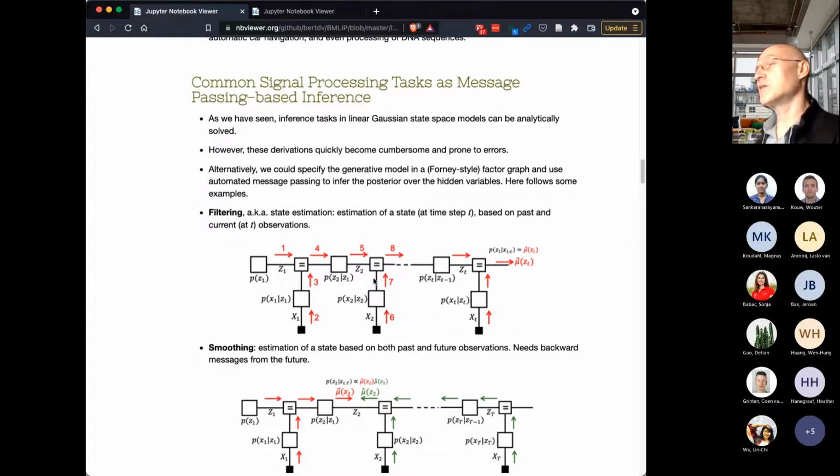And so I keep updating my knowledge. Let's say, I go through this recipe of creating a prior for Zk based on the past, and then multiplying that prior with a likelihood that comes from an observation, creating a posterior for Zk, and then going through the transition model to create a prior again for Zk plus 1, then a posterior for Zk plus 1 through the likelihood, and so forth. Do you kind of see that?